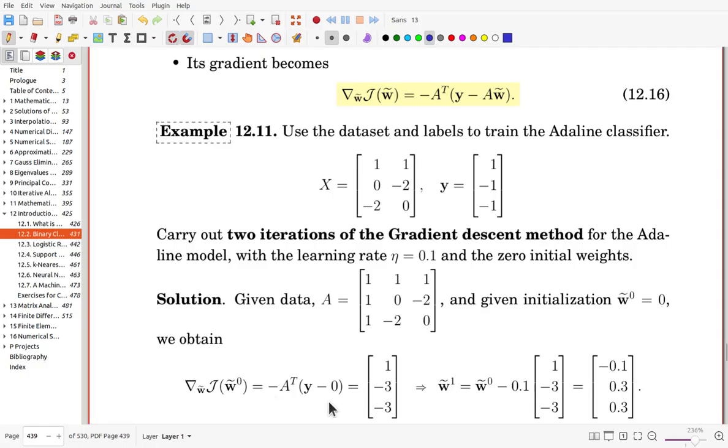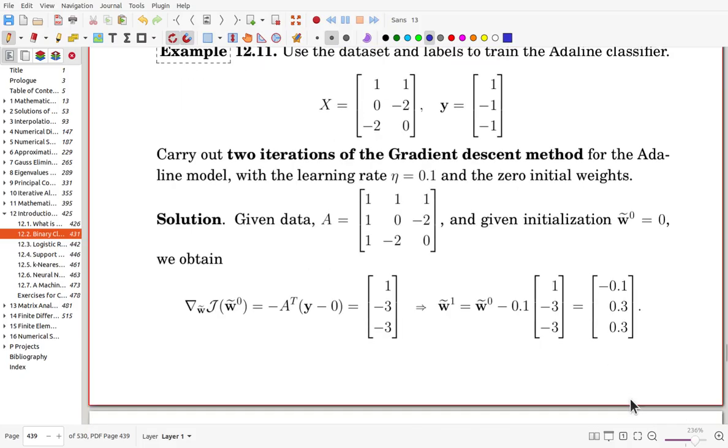So we have that, and simply we have 1, minus 3 and 3. W1 will be obtained from W0 minus eta, which is 0.1, times the gradient. So we got the gradient there, and we have this result, which is W1.